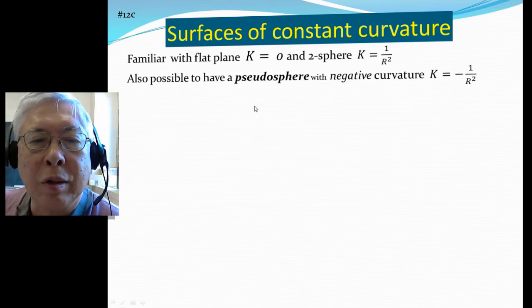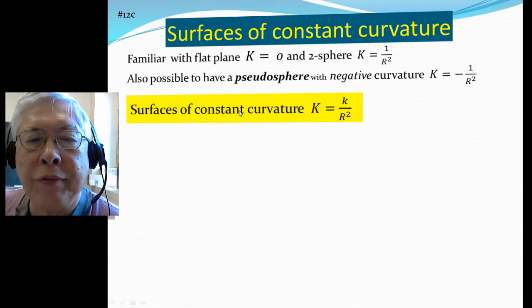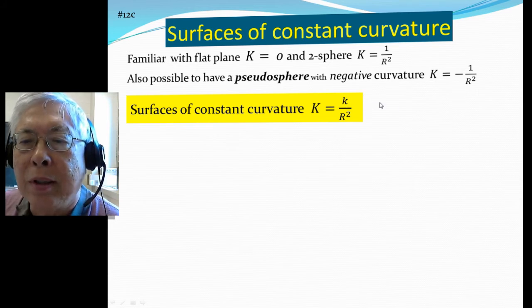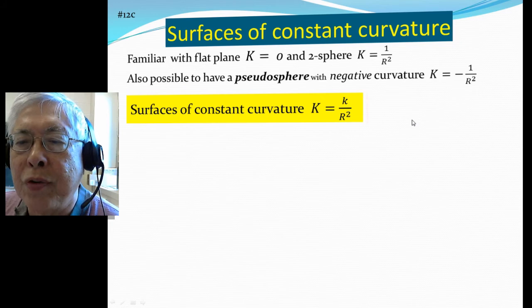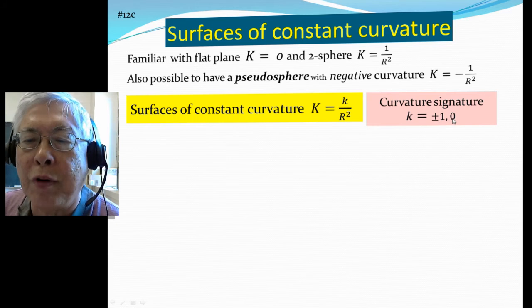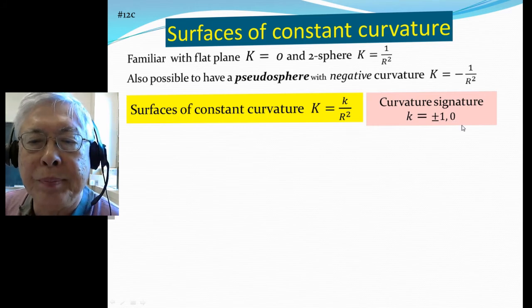So we can collectively write the surface of constant curvature as Gaussian curvature equal to a lowercase k over r squared. The lowercase k is called the curvature signature, which can be +1 for a sphere, -1 for a pseudosphere, and 0 for a flat plane.